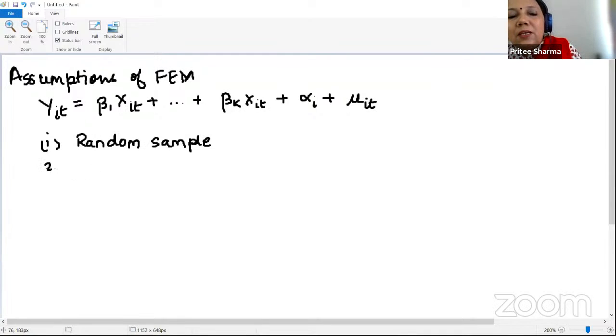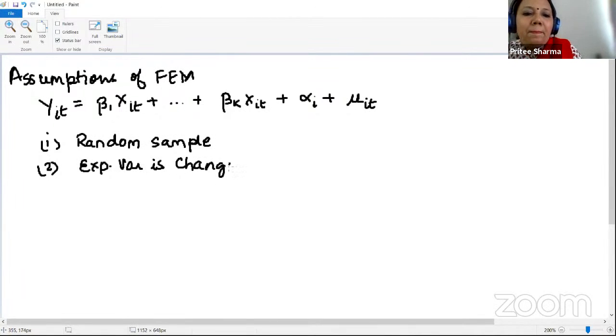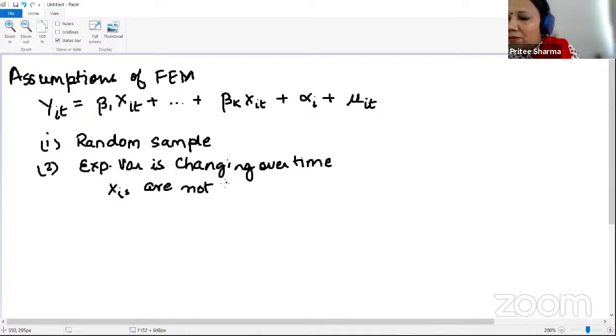Second, each explanatory variable is changing over time, and these X's are not linearly correlated.